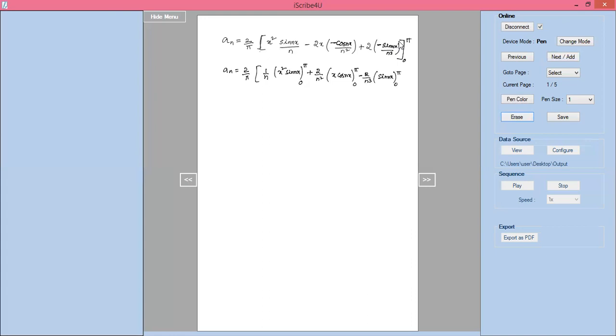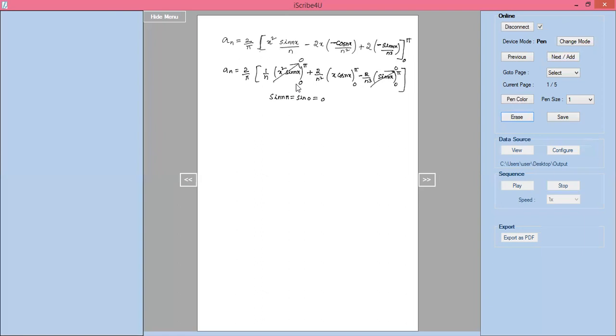Now we can simplify this. Wherever the sin nx term is there with limits 0 to pi, sin n pi equals sin 0 equals 0. So this term vanishes to 0, and this term also vanishes because of the limits.